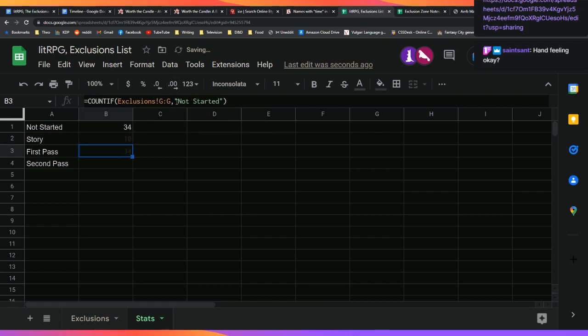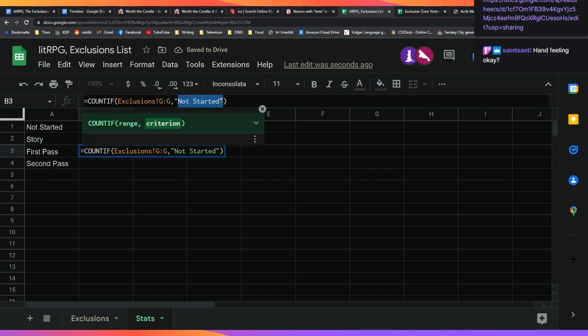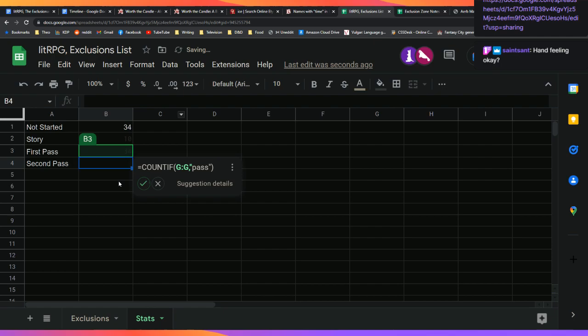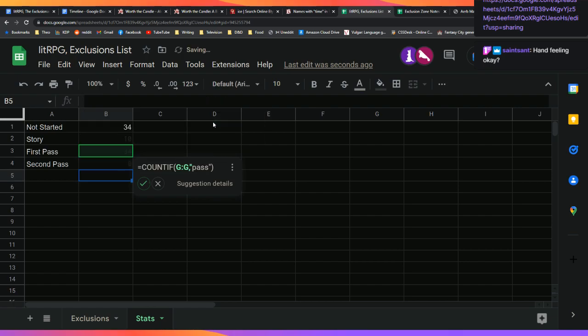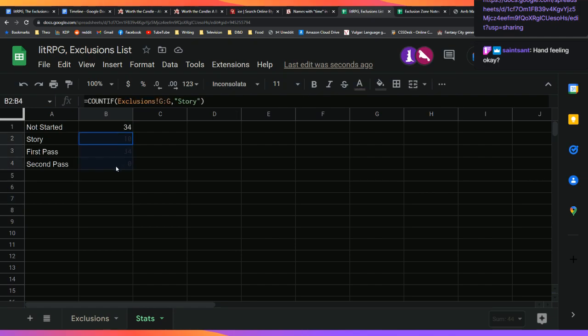I use an extension called Dark Reader, and for whatever reason, maybe this isn't Dark Reader.